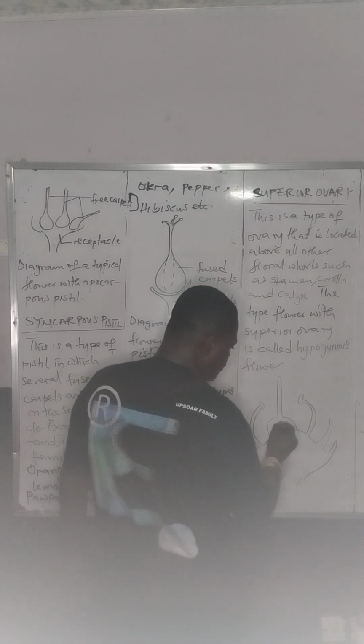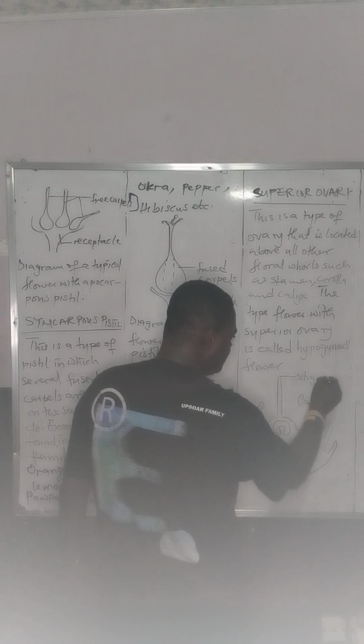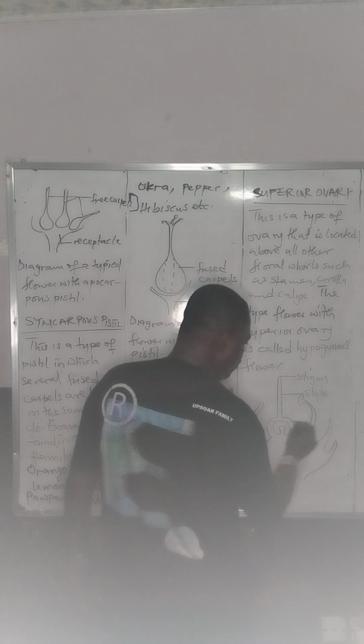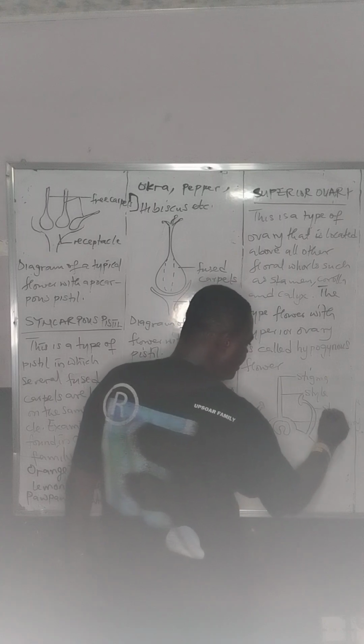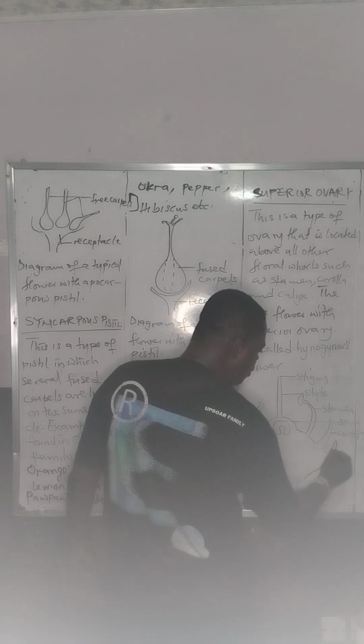Good. So what you have here, this is the stigma, style. This is the ovary. It's situated above the stamen, above the corolla, above the calyx.